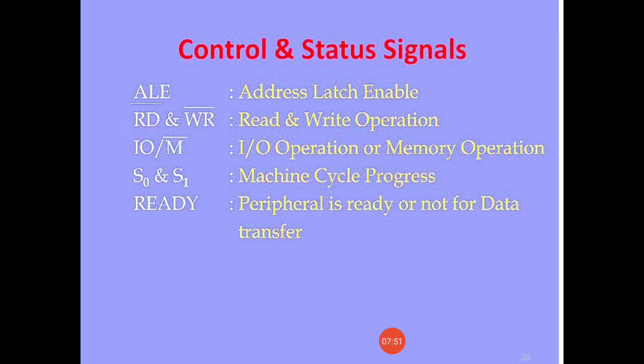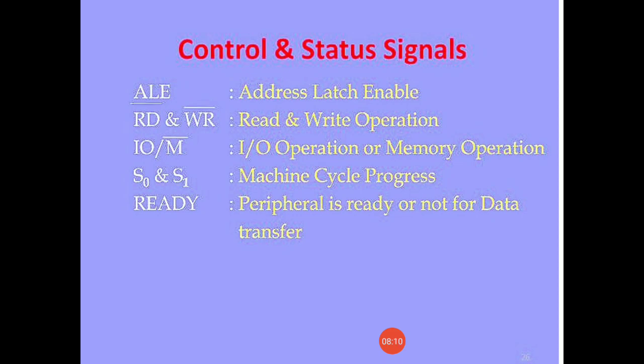As I've told you, AD0 to AD7 lines are multiplexed, and the lower half of the address, that is A0 to A7, is available only during the initial part of the instruction execution.